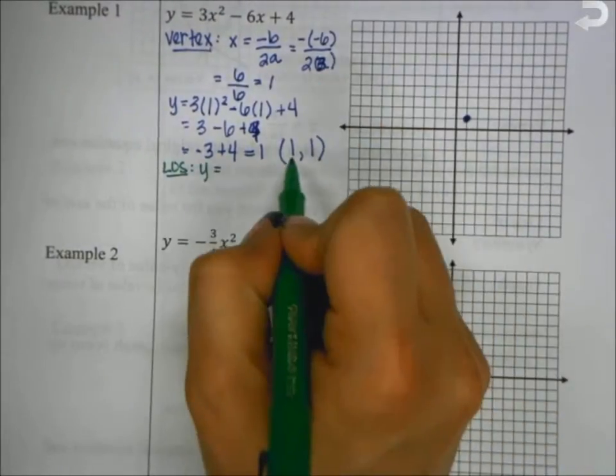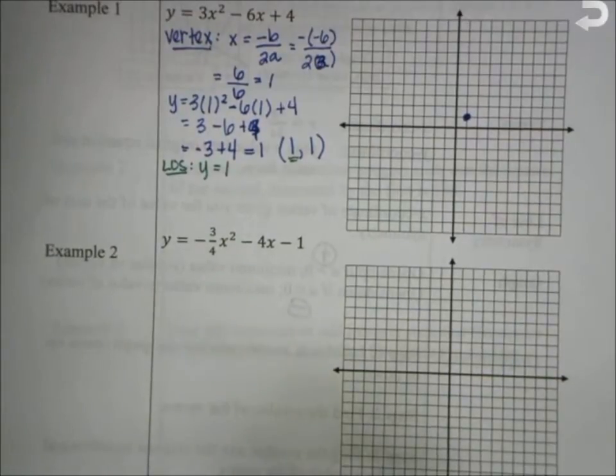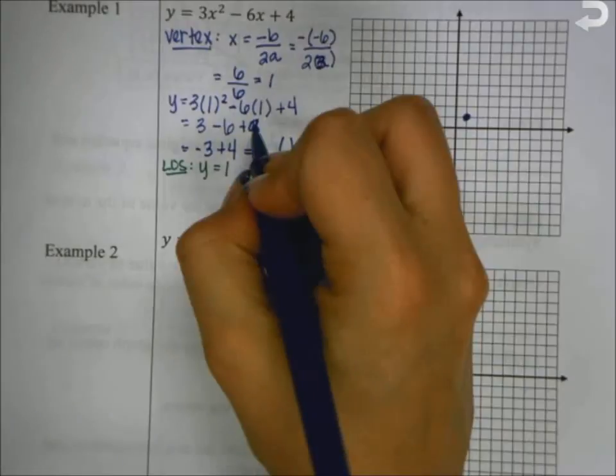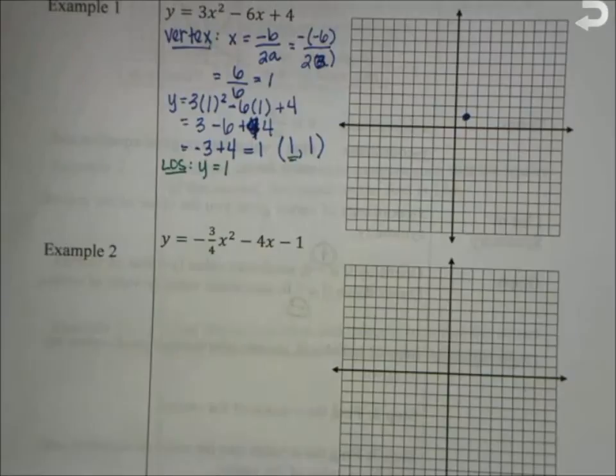So my line of symmetry is the line y equals 1. Yes? That's 3 minus 6 plus 4. It's 4, I accidentally wrote 3. There, plus 4.